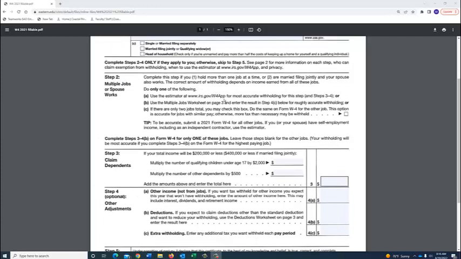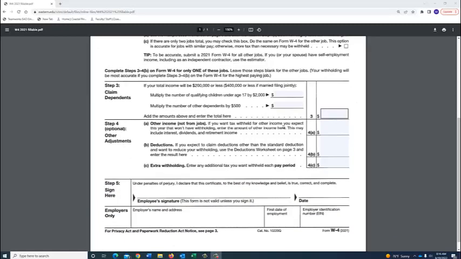So in step 2, the employee is going to indicate if his household has multiple incomes or multiple jobs. If the employee has a second job, or if the employee is married filing jointly and the employee's spouse has a job, then this box here needs to be checked.